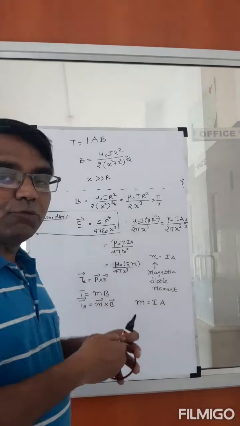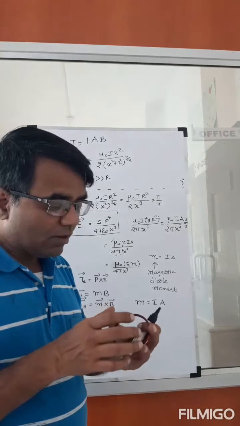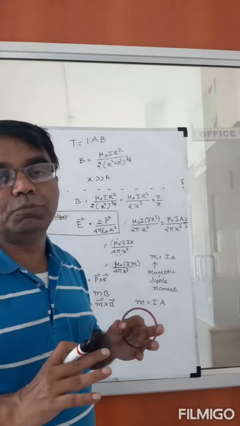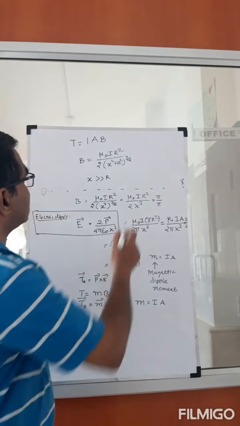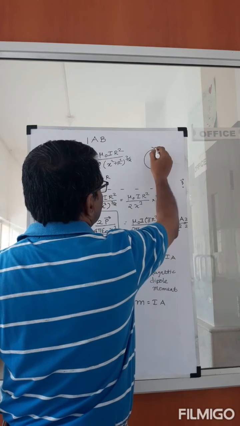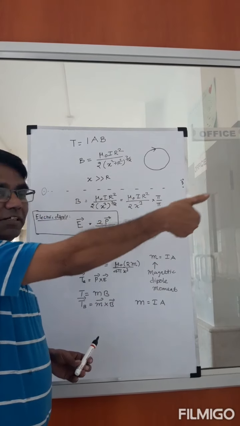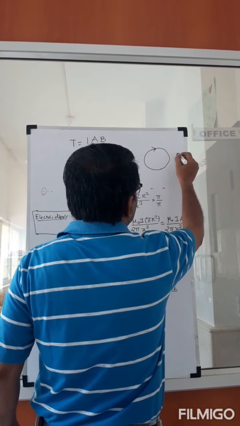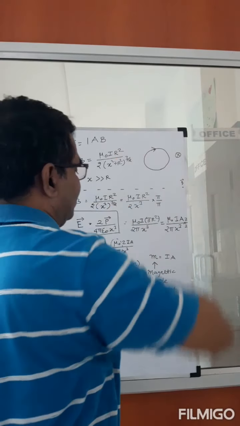So I'm going to use the right hand rule to identify the direction of the loop. If the circular loop is like this and the current is flowing in this direction, then my fingers point into the board, so the direction of M is into the board.